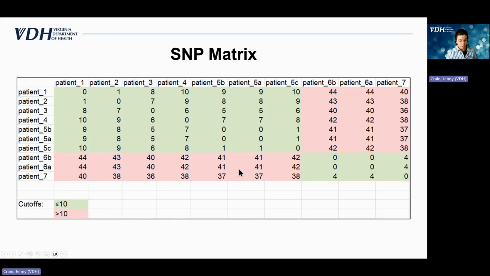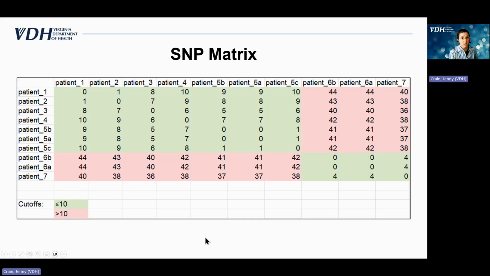All right, as I mentioned, you're given a SNP matrix, and so we have just annotated this with color to make it a heat map with just 2 different thresholds here, less than 10 SNPs or greater than 10 SNPs apart. And again, as I mentioned, the isolates have a letter and a number and a letter indicating that there are multiple isolates from patient 5 here, A, B, and C, and patient 6 has 2 isolates from the same patient as well.